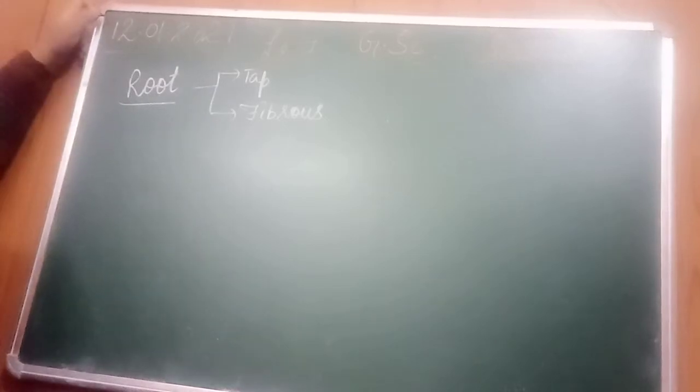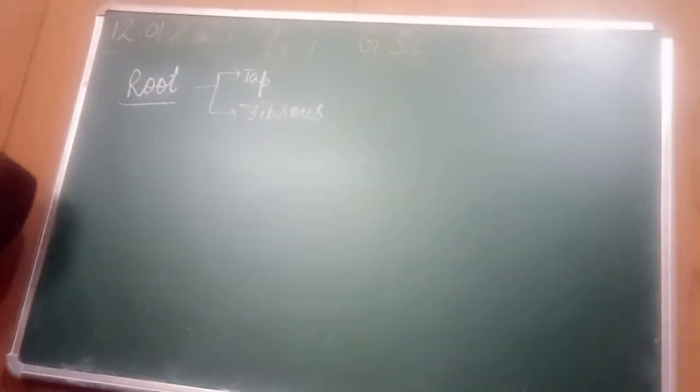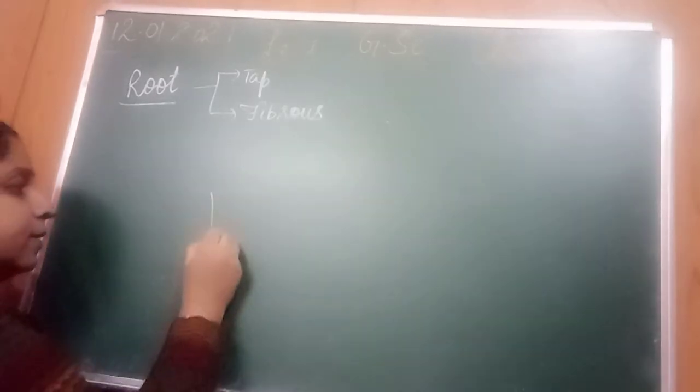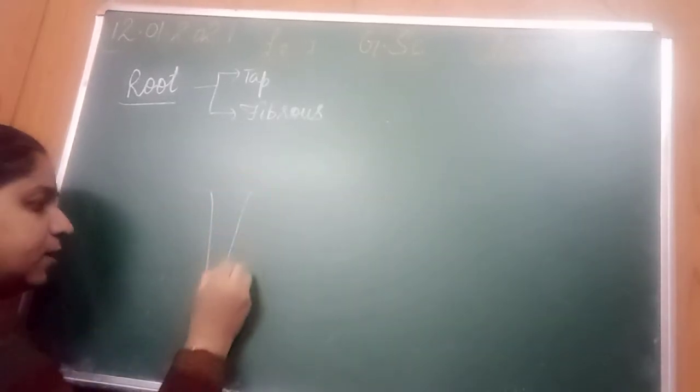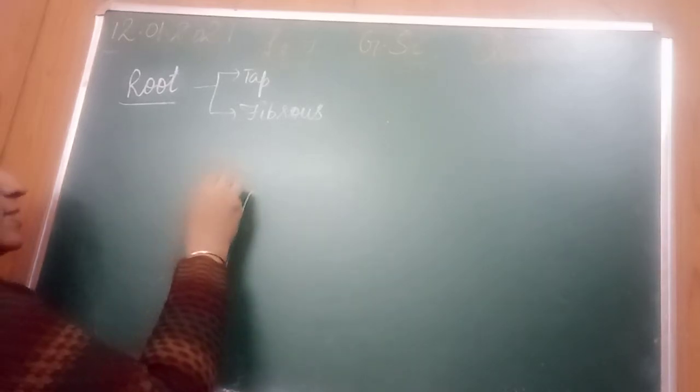But what is a taproot? Have you seen the reddish carrot? They all are examples of taproot. In this case, the main root is a single root. It grows from the base of the stem.